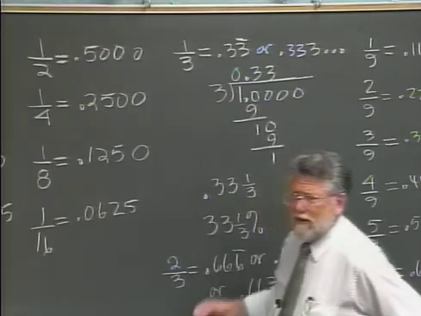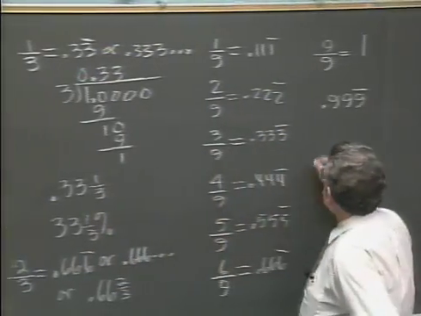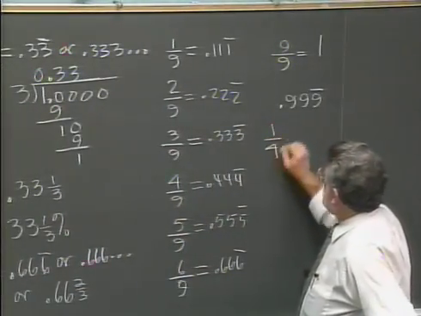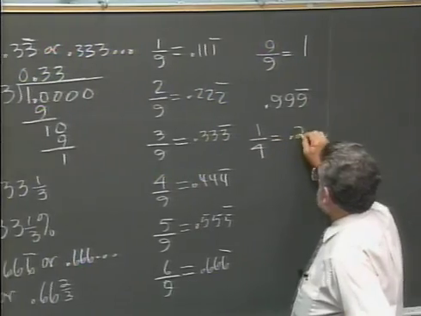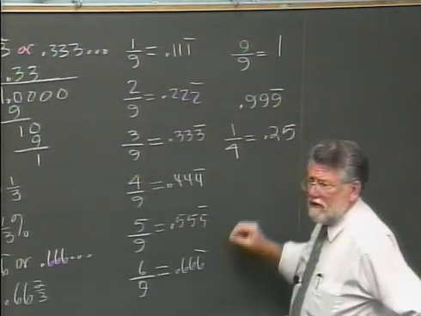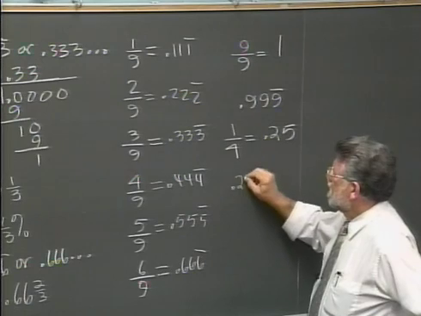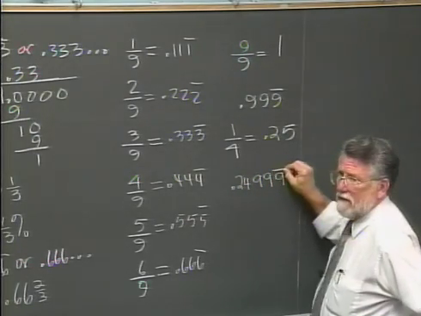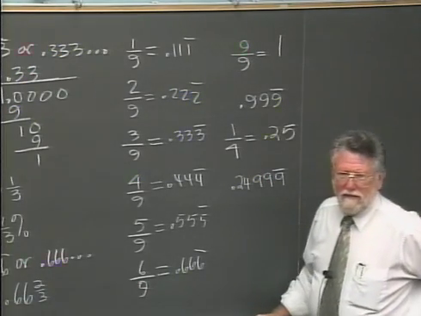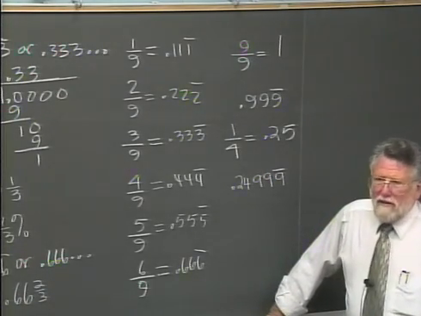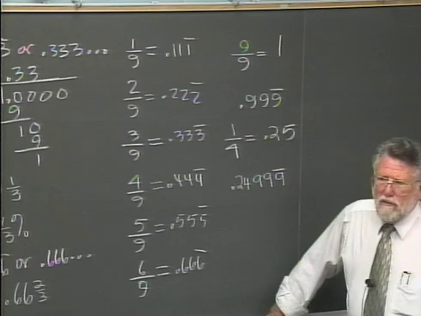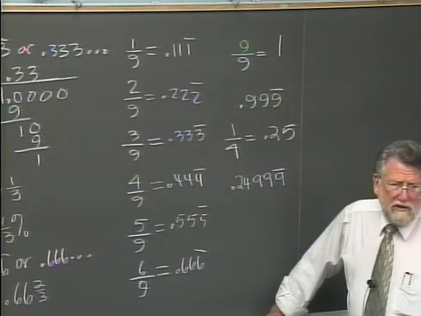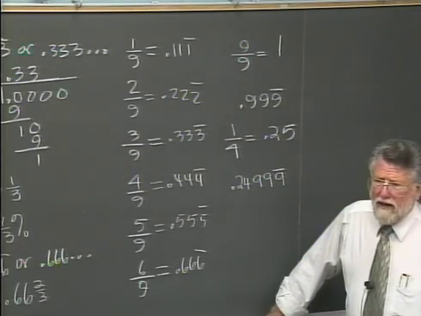Back where we were, Ernie. 1/4 could be written as 0.25, but it also can be written as, watch this. That's the same as 0.25. If you have 0.24 with 9's repeating forever, it's telling you that you really have 0.25.